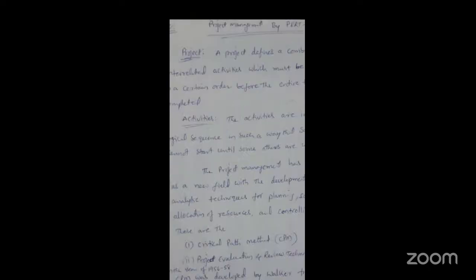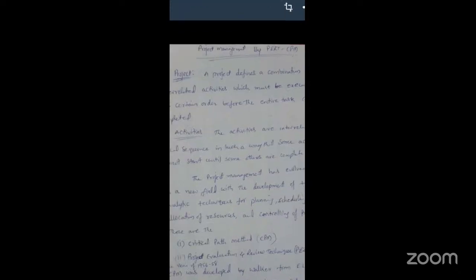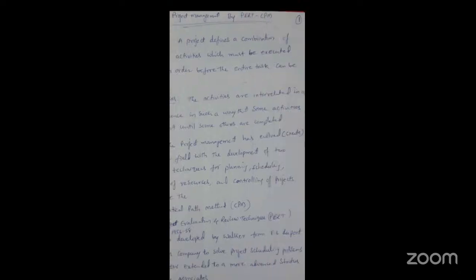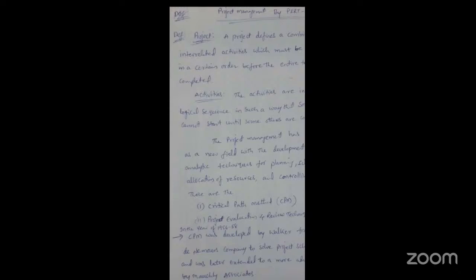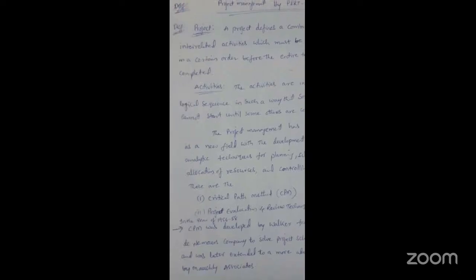I will repeat once again: a project defines a combination of interrelated activities which must be executed in a certain order before the entire task can be completed.